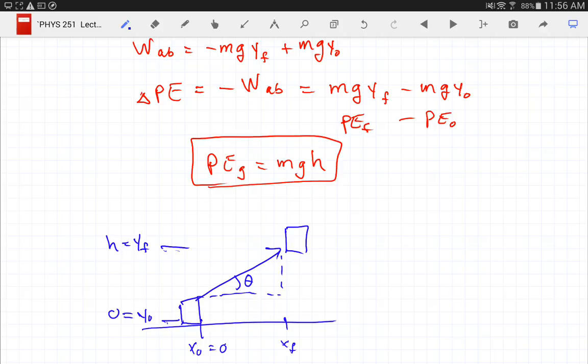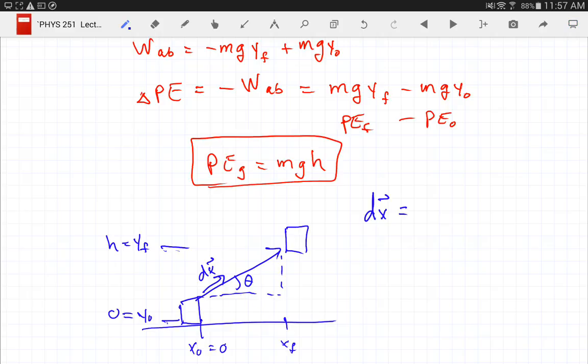And if I do my dx and my dy, my dx vector is going like this. Then how much is in the x direction, if I have that angle theta?